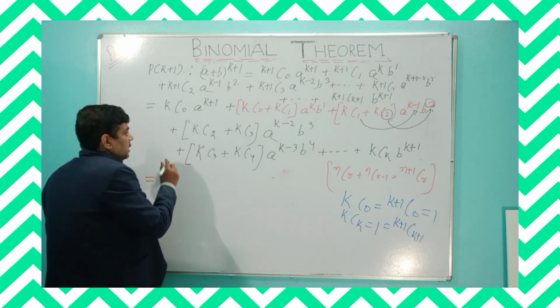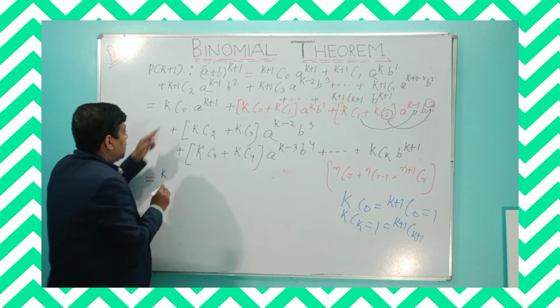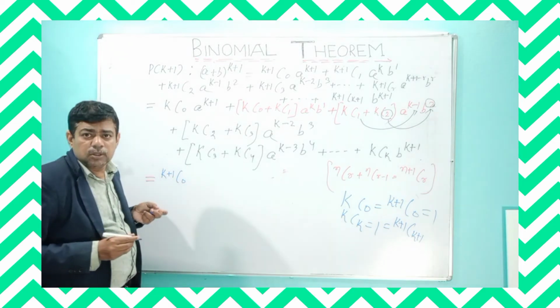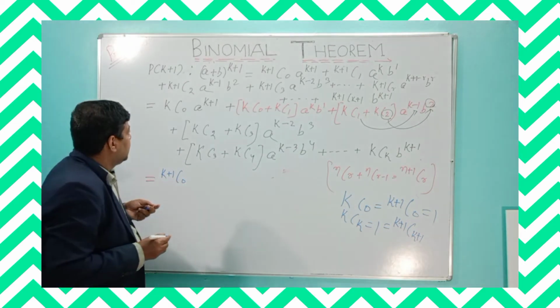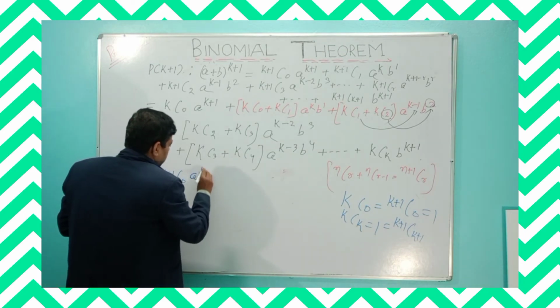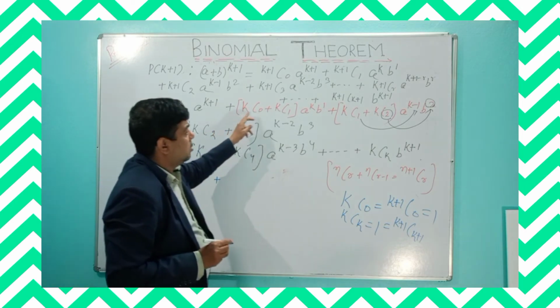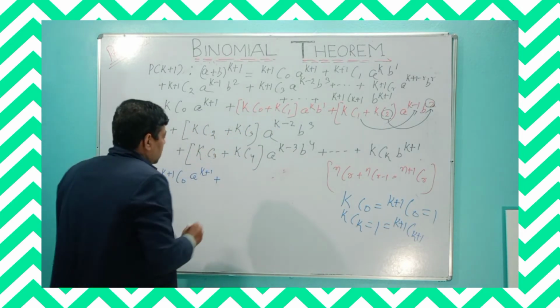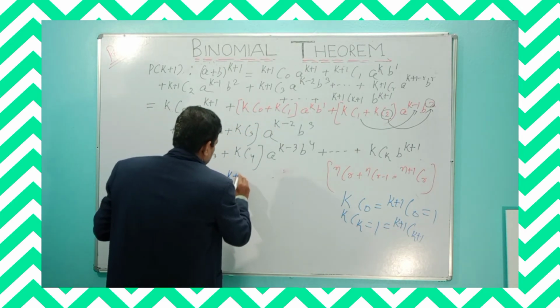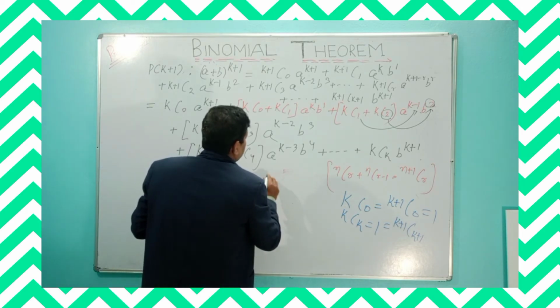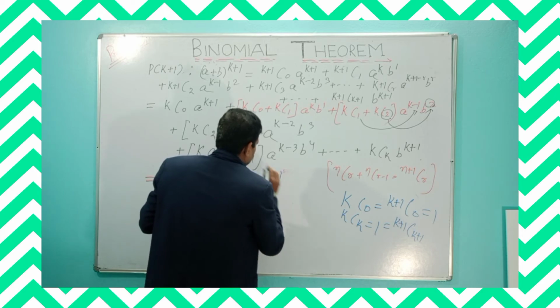So in place of kC0, you can write (k plus 1)C0. The value will be 1. Not a problem here. And a to the power k plus 1, plus kC0 plus kC1, we can write (k plus 1)Cr, a to the power k, b to the power 1.